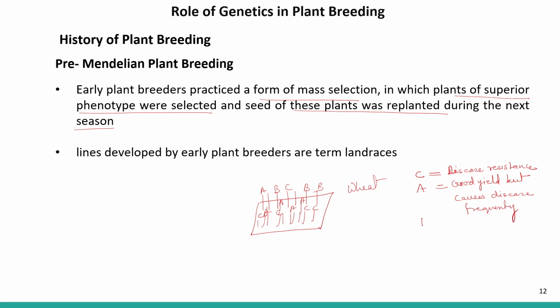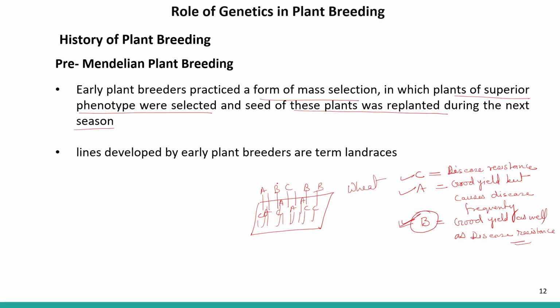And B1 has good yield as well as disease resistance. They have both qualities. So according to their visualization of the crops, they have chosen B1 as the best for them.